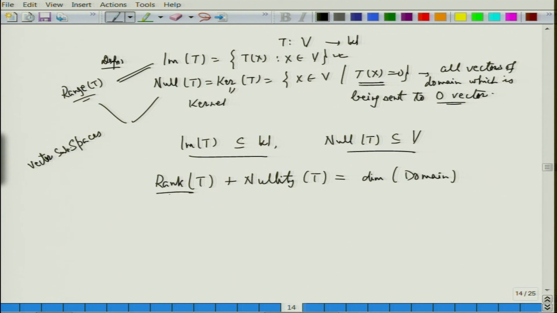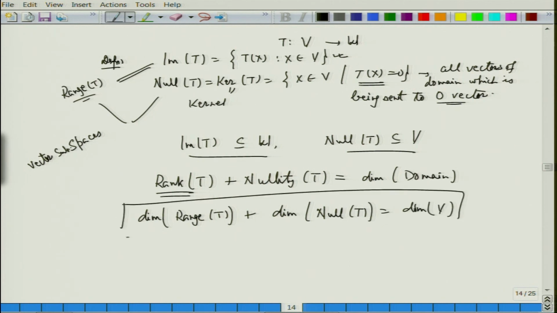Here rank of T basically means the dimension of the range of T, and nullity means the dimension of the null space of T, which is equal to the dimension of V. We will be able to talk about it once this is finite dimensional, otherwise we cannot talk of things. So in the next class we will look at this and try to proceed. Fine. Thank you.